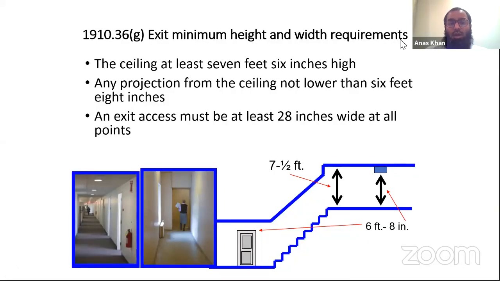The ceiling should be at least 7 feet 6 inches high. Any projection from the ceiling should not be lower than 6 feet 8 inches. When you are coming out of the exit route, at every point it should be 7.5 feet.